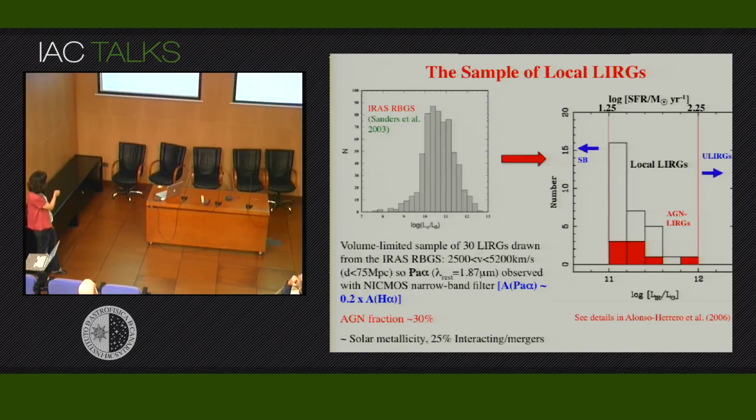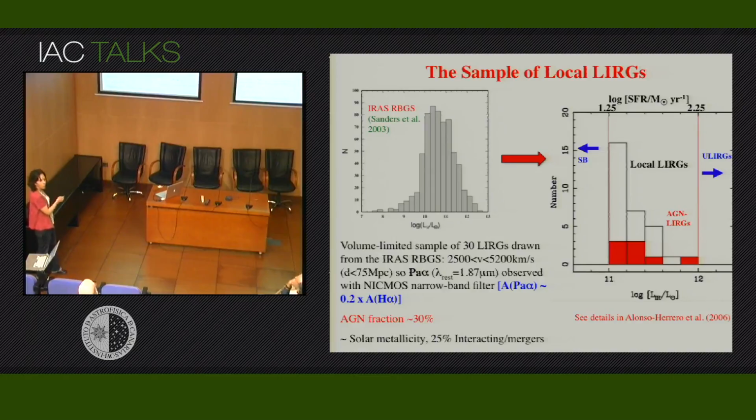So we came up with a sample of about 30 LIRGs, and it's representative of the LIRG class in terms of the AGN fraction, which is about 30%, and also the morphologies. Maybe a misconception for a lot of people: LIRGs are not dominated by interacting systems.